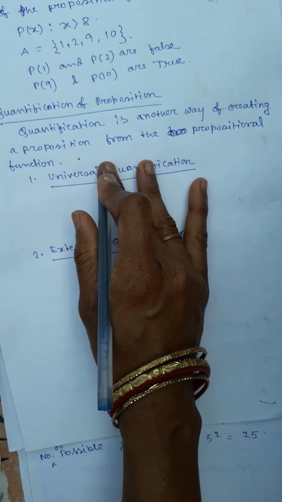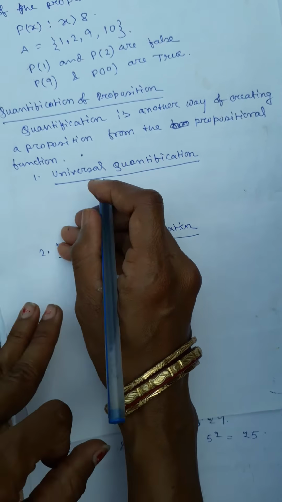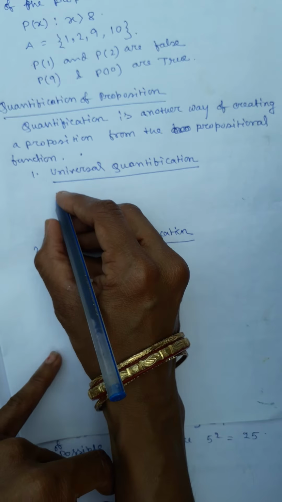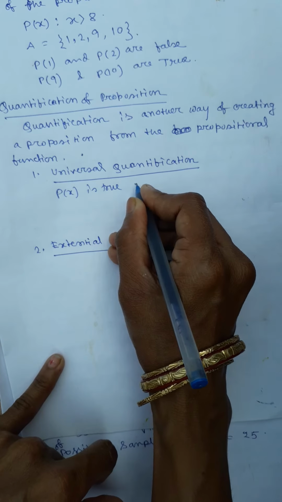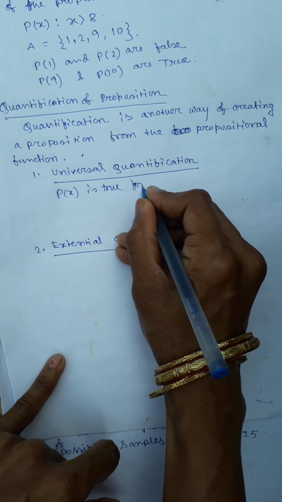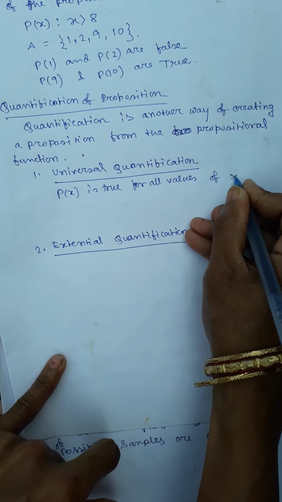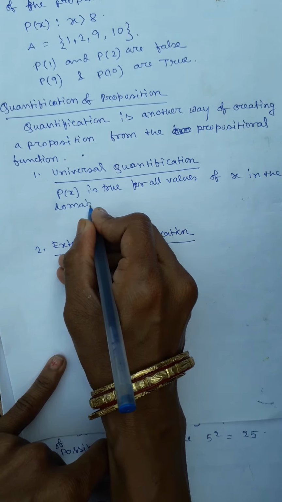What is universal quantification? Universal quantification of the propositional function is the proposition where P(x) is true for all values of x in the domain.